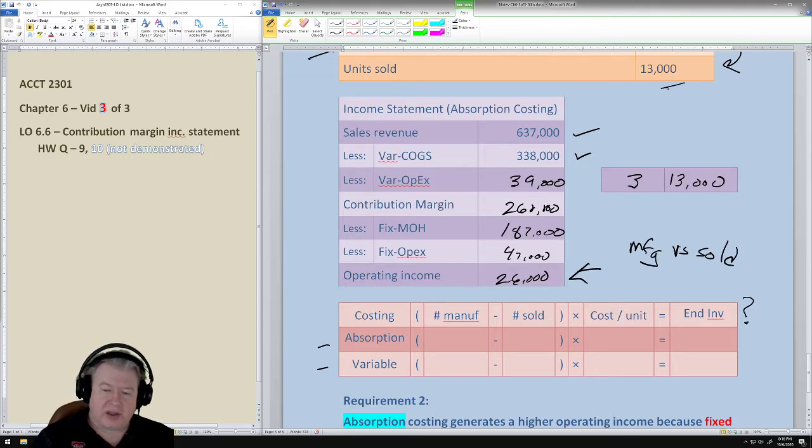So under both of these, we manufactured 17,000 items. And we sold 13,000 items. But the way we figured out the cost is a little different. Under this one, we put all of the fixed manufacturing on the unit. And here we only put the variable portion, and then we subtracted out the fixed MOH later on.